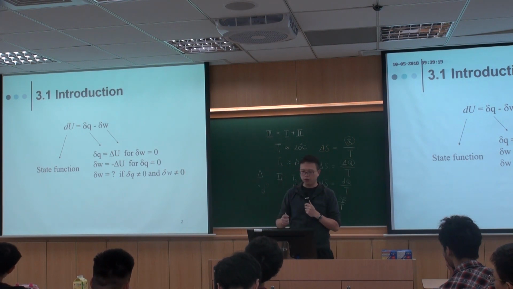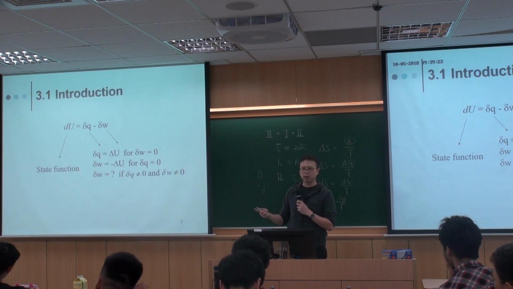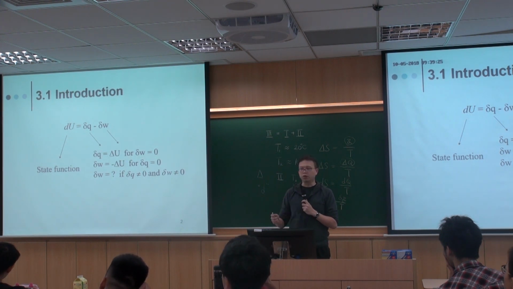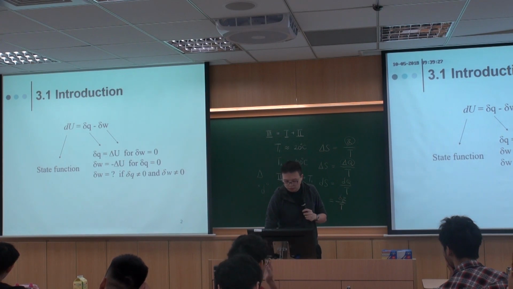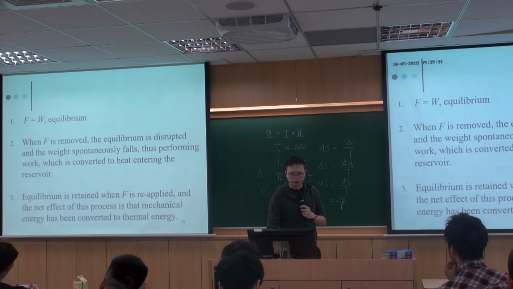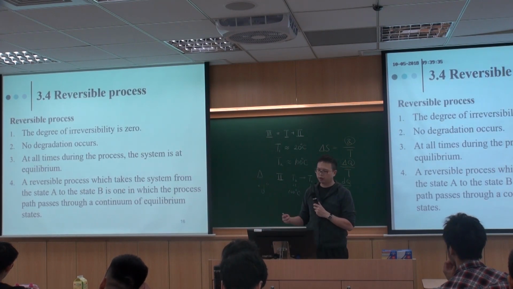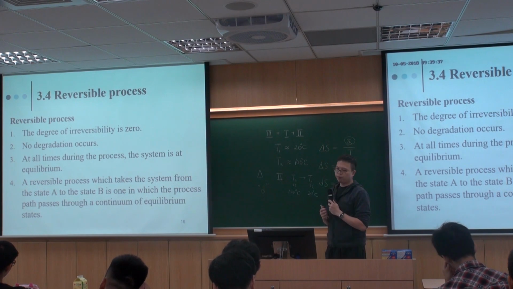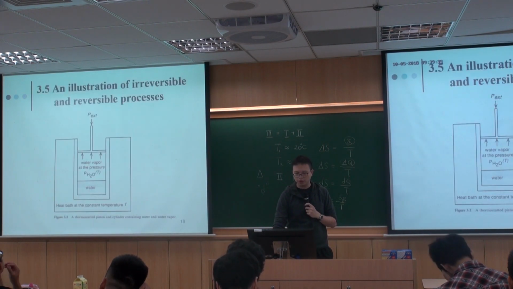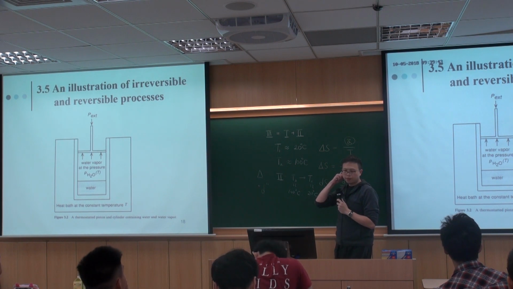So only when the system is going through the reversible process can the system do maximum work. This is what this section is about. Unfortunately, it doesn't state that at the very beginning, but sorry, it's 3.5.